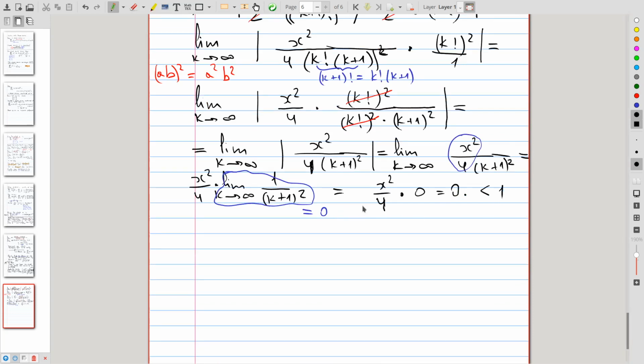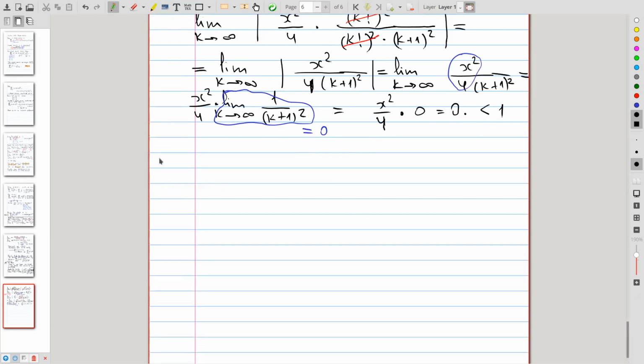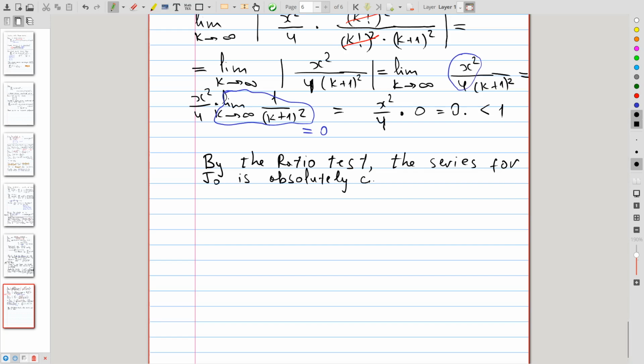So by the ratio test, it means that this series is absolutely convergent, no matter what is the value of x.